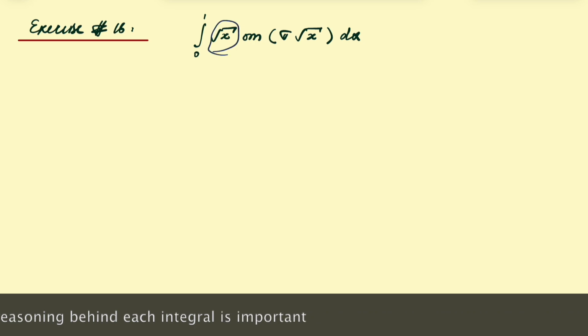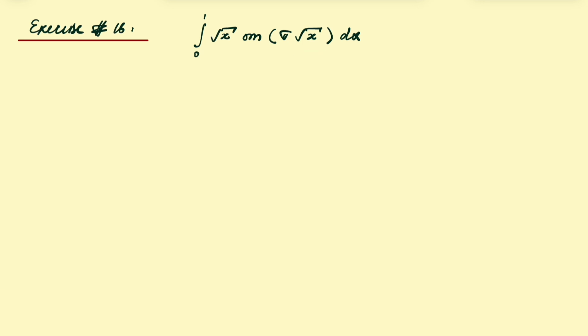Now we see square roots of x, and the one in the sine function makes things complicated, because we will have a composite function of sine of x and square root of x. That's why it's not that trivial to find its antiderivative.